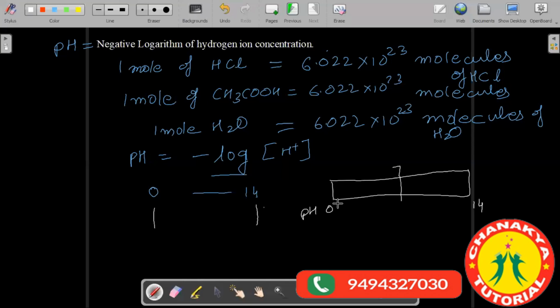Now, the solutions whose pH is between 0 and 7 are acids, and the substances whose pH is between 7 and 14 are bases.